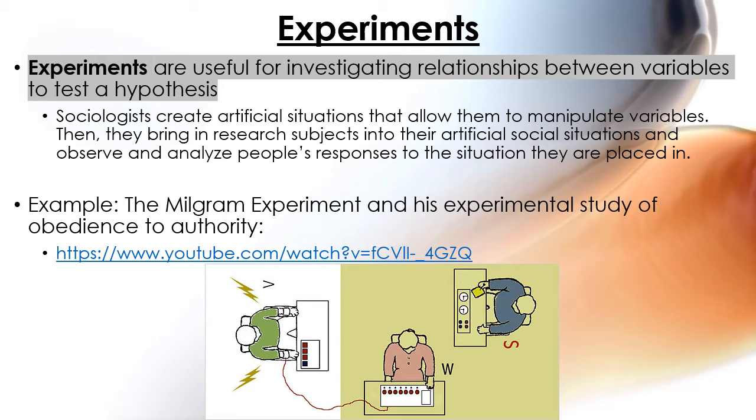So in an experiment, sociologists will create artificial situations that allow them to manipulate variables. Then they bring research subjects into their artificial social situations and observe and analyze people's responses to the situation they are placed in. If you've ever seen that popular TV show, I think it's called What Would You Do? They basically have actors go in and do something maybe egregious or something that would bring attention to them.